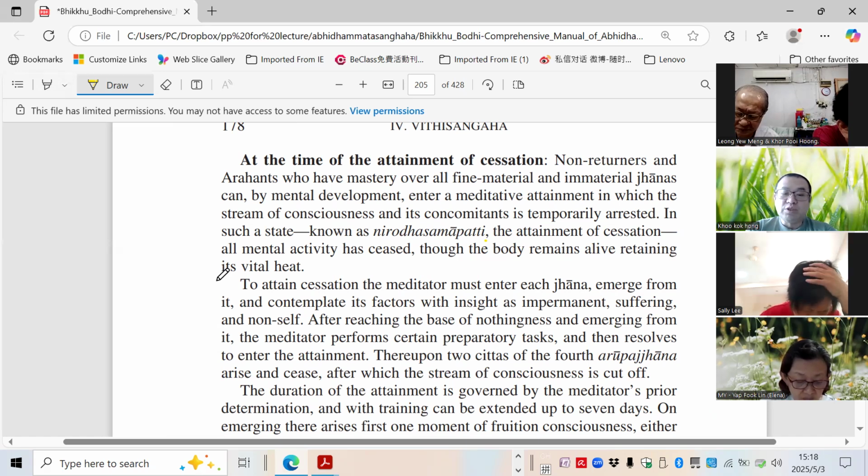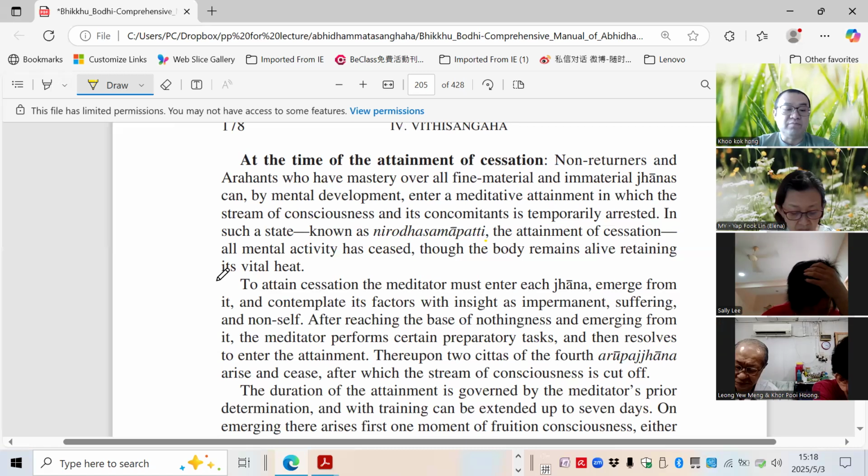Thereupon, two cittas of the fourth arupa jhana arise and cease, after which the stream of consciousness is cut off. The duration of the attainment is governed by the meditator's prior determination, and with training can be extended up to seven days.